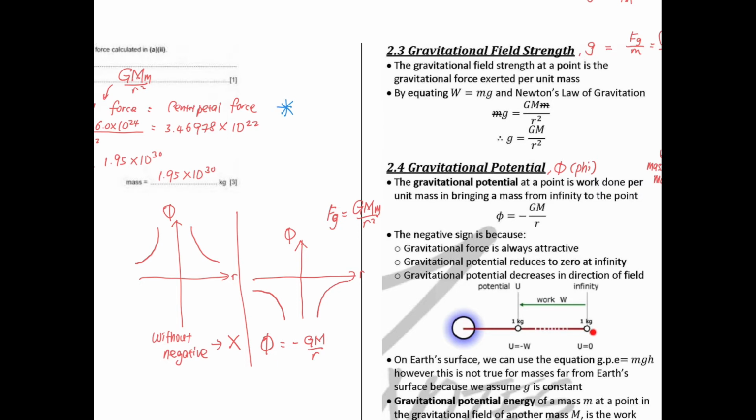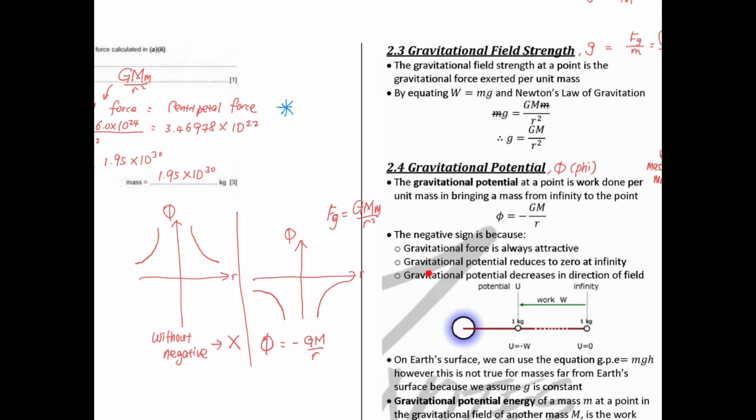So when there is no attraction, the gravitational potential should be zero when they are very far away. And that is not enough to explain why we have to put a negative.